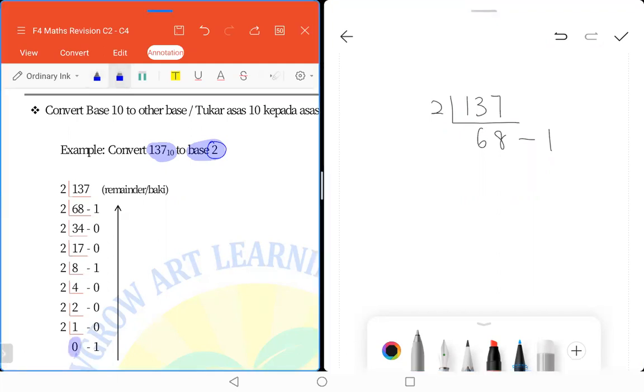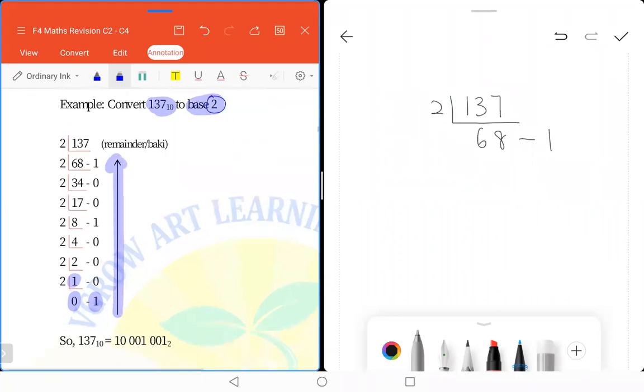Get the remainders. So you take the answer from bottom to top. So you read the answer: 1, 0, 0, 0, 1, 0, 0, 1 in base 2. Okay. So that is how you convert to a smaller base, the repeated division method.